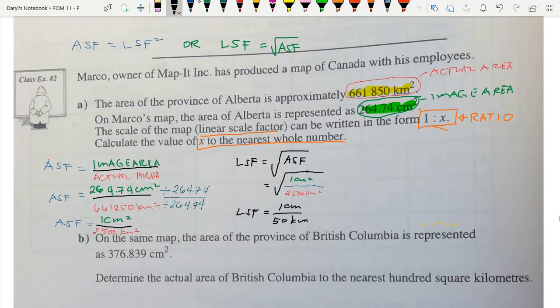So the linear scale factor is given by 1 centimeter for every 50 kilometers, or I can write this in the rate form of 1 cm is to 50 kilometers. So this would be the linear scale factor in rate form.